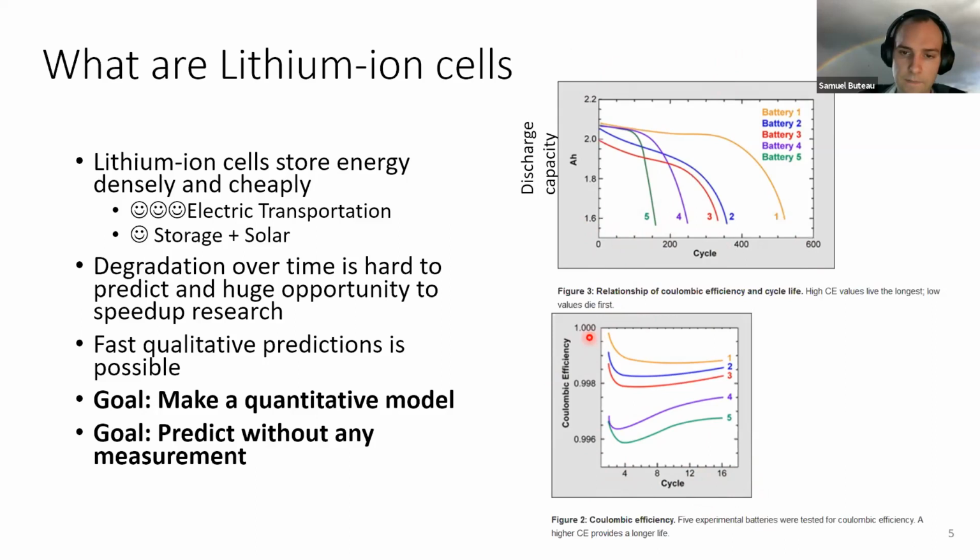And basically, you measure the amount of charge that you put inside the battery during charge, and the amount of charge that you extract during discharge, and the ratio is called the Coulombic efficiency. And you can see that in terms of the rank of the cell, this simple measurement explains perfectly the ranking of the lifetime.